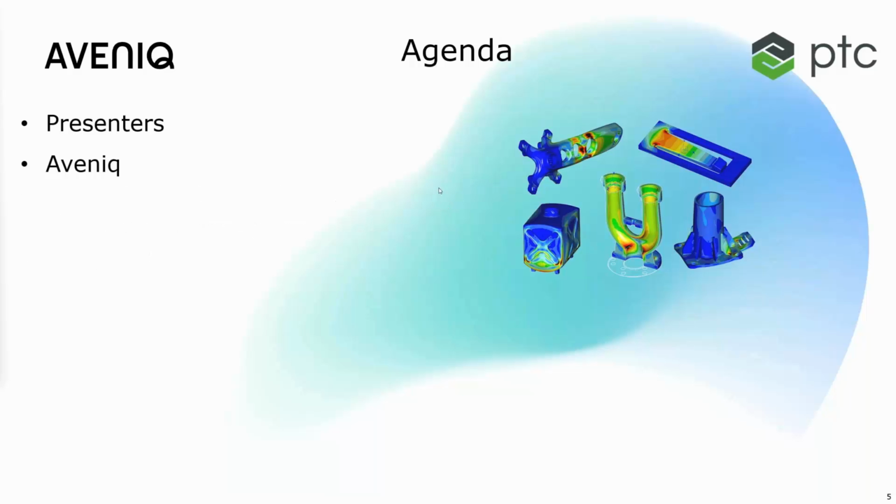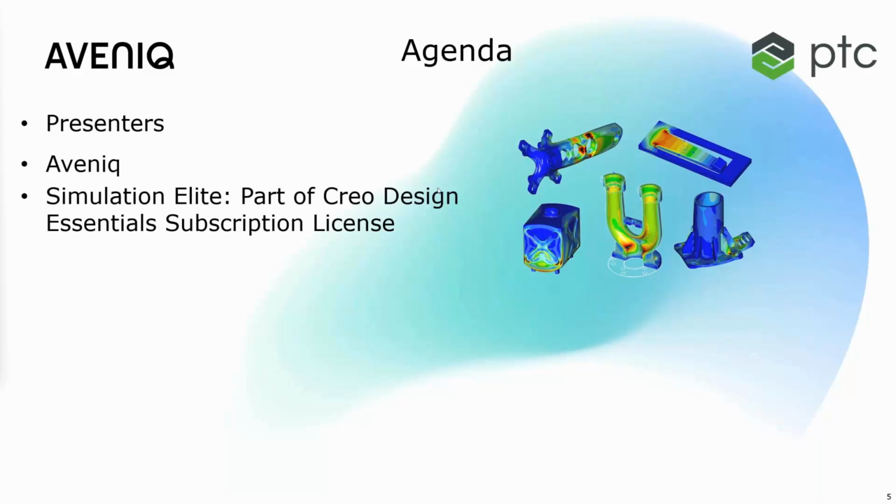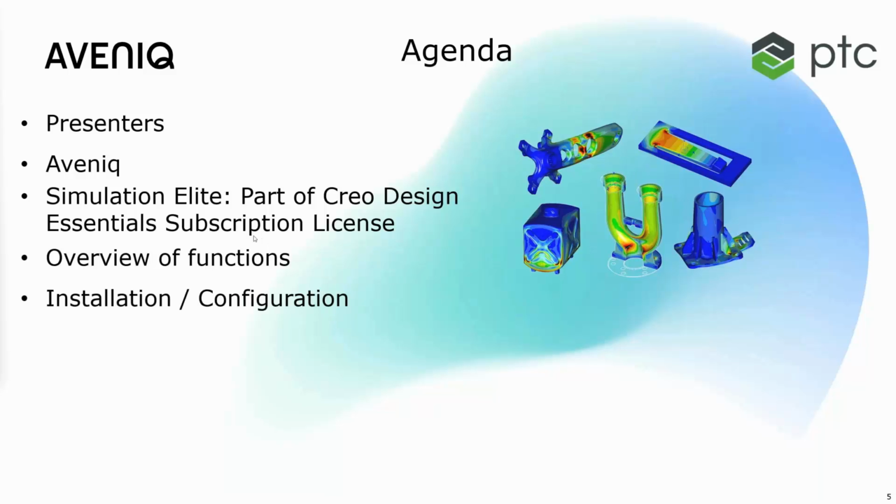First I will talk about me a little bit, then about the company I'm working for, Avenic, and then about the module in Creo Parametric. This is part of the Creo Design Essentials subscription license. It's called Simulation Elite, and we'll have an overview about the functions.